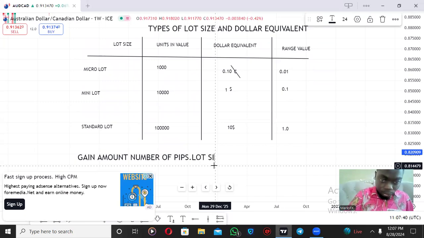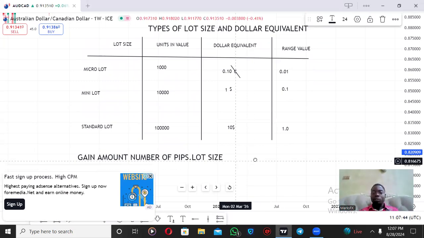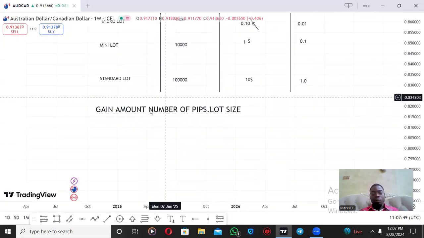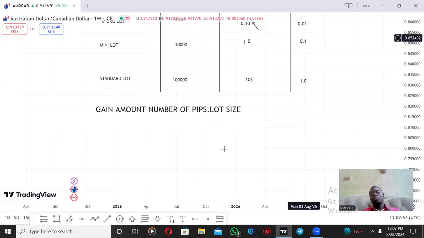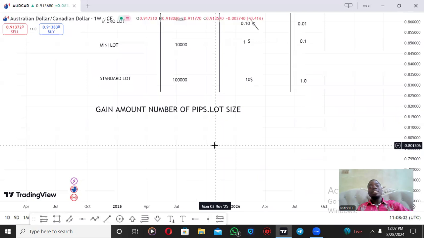So if you are to know the amount of money you are going to get, you multiply the number of pips that you want to risk with your lot size, to get your dollar value after you've known the amount of money you want to risk.